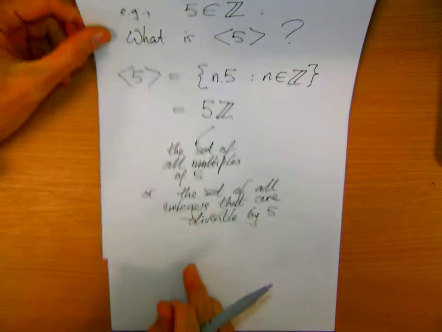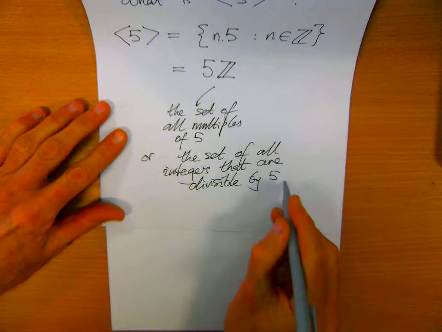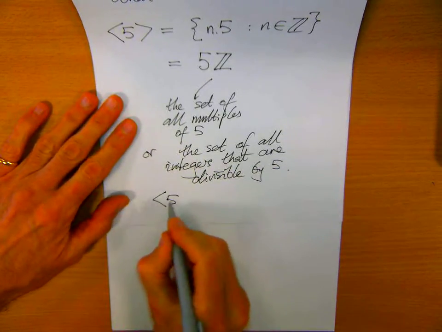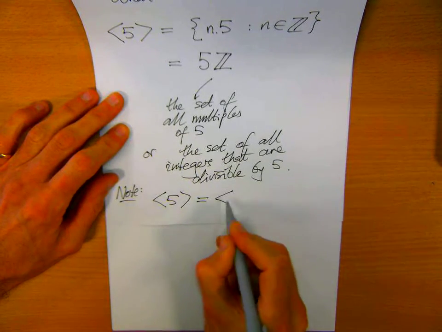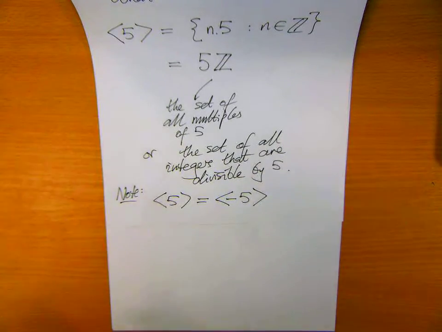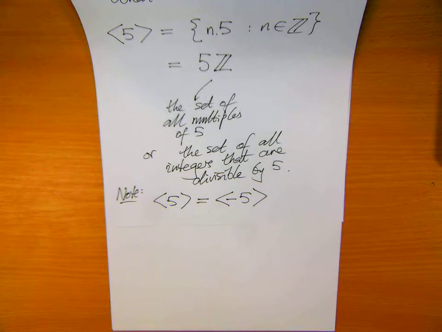And in fact, that's also the subgroup generated by -5. Because if you look at all multiples of 5, you're essentially looking at all multiples of -5, again by just switching the positive and negative multiples around.